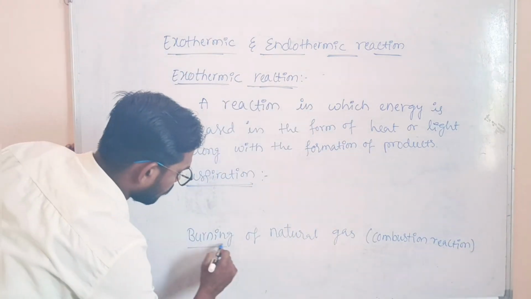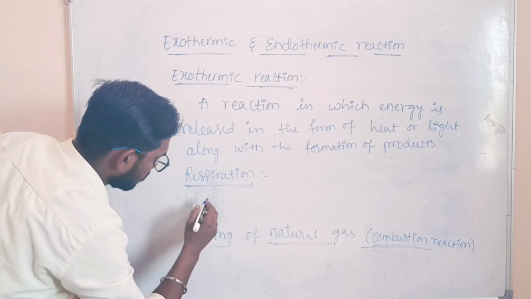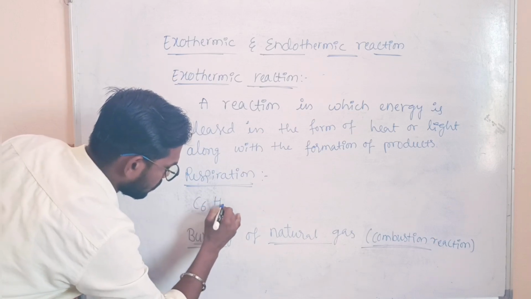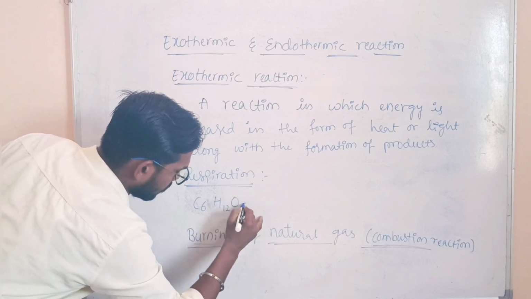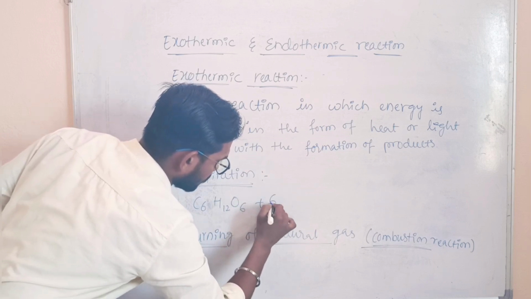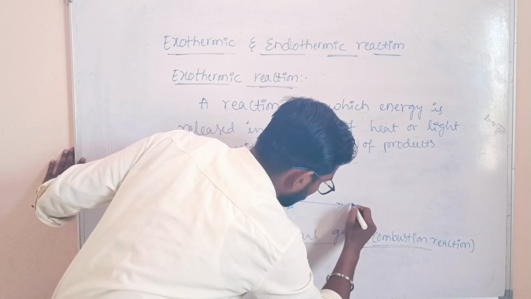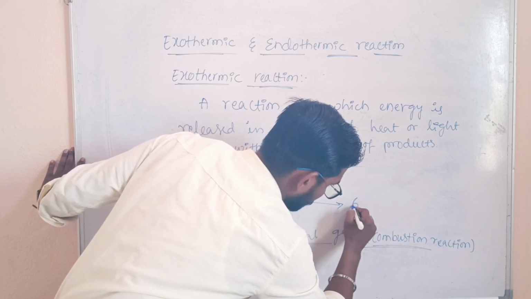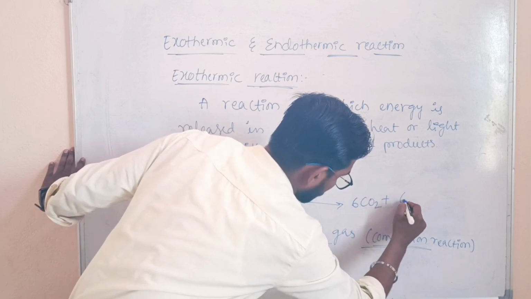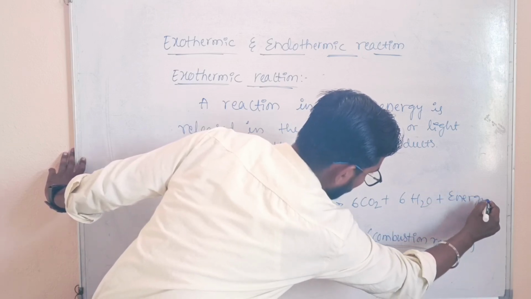So here I'm going to write the reaction of this one and will explain later. So C6H12O6 is going to react with 6 molecules of oxygen and it is going to break down. So here 6 CO2 and 6 molecules of H2O, with that we are going to get the energy.